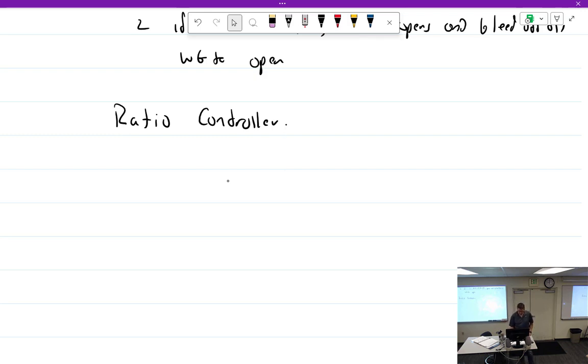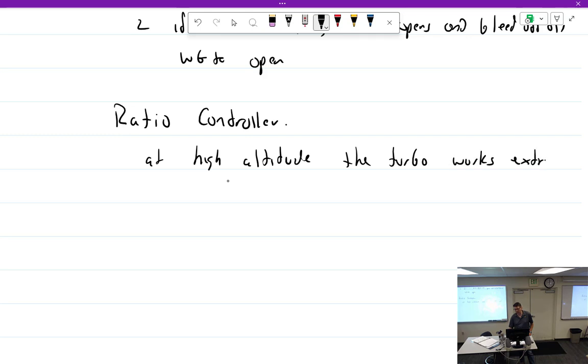So at high altitude, the turbo must work extra hard to keep manifold pressure set for max power.